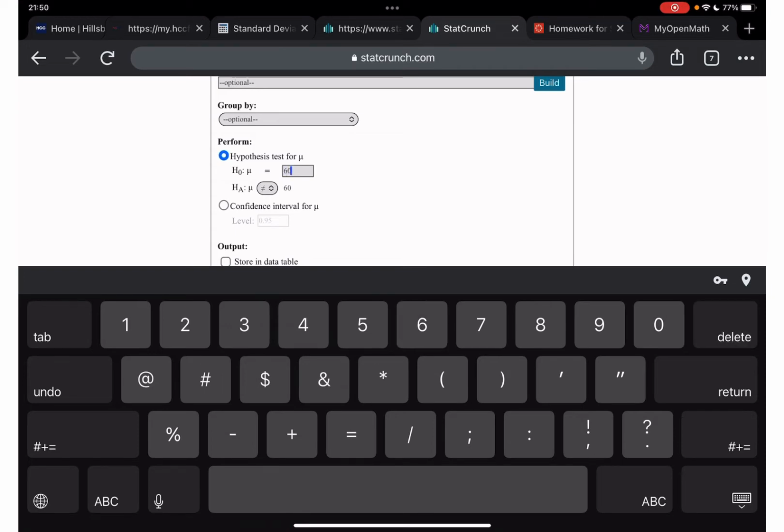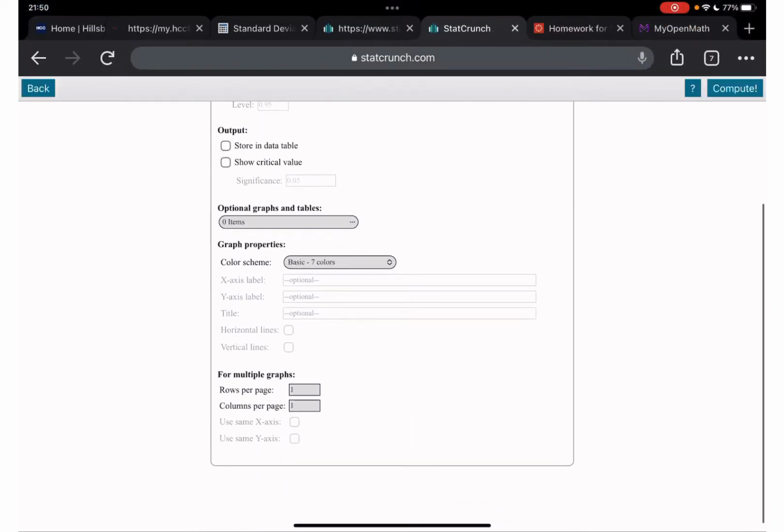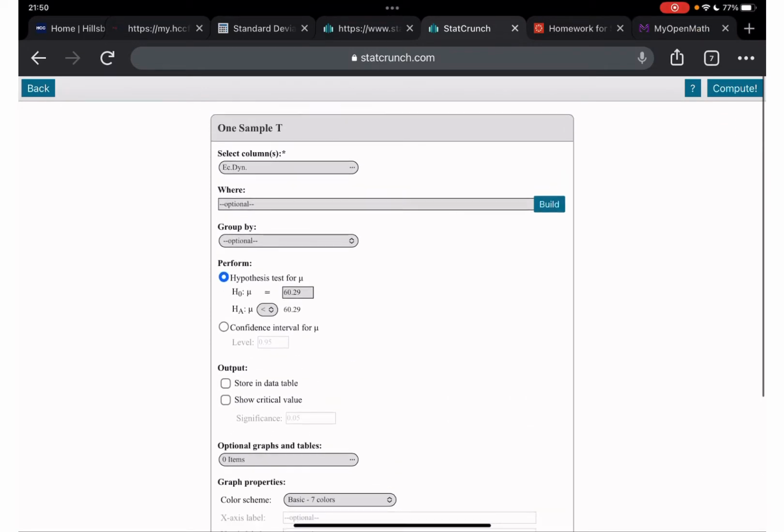60.29. That was our mean for the population. And the alternative was less than, remember? Less than, and automatically 60.29 came through. All right, we have all this, clicking compute.